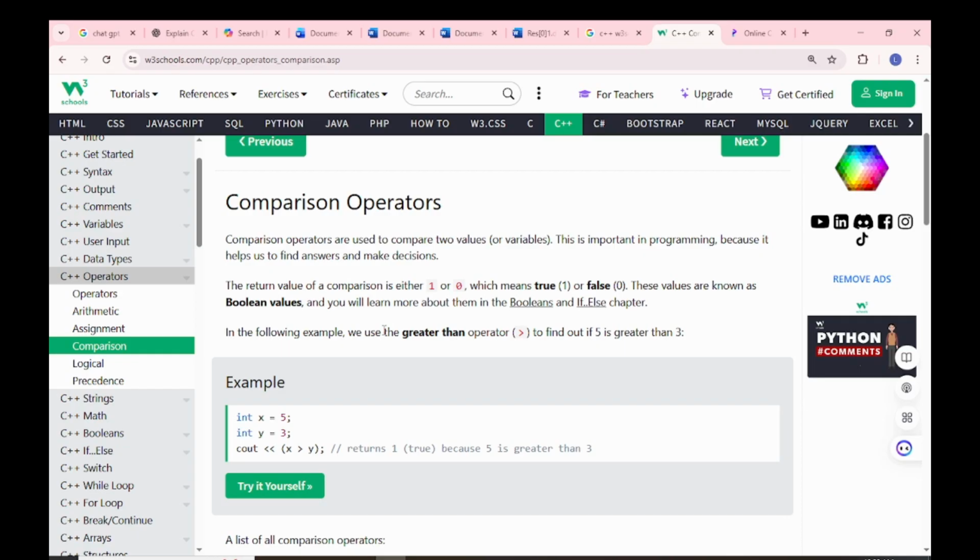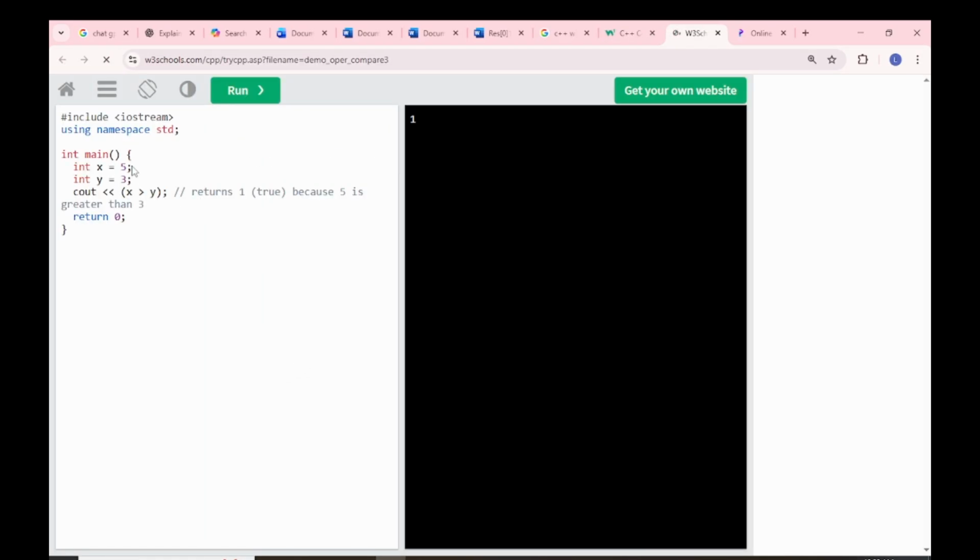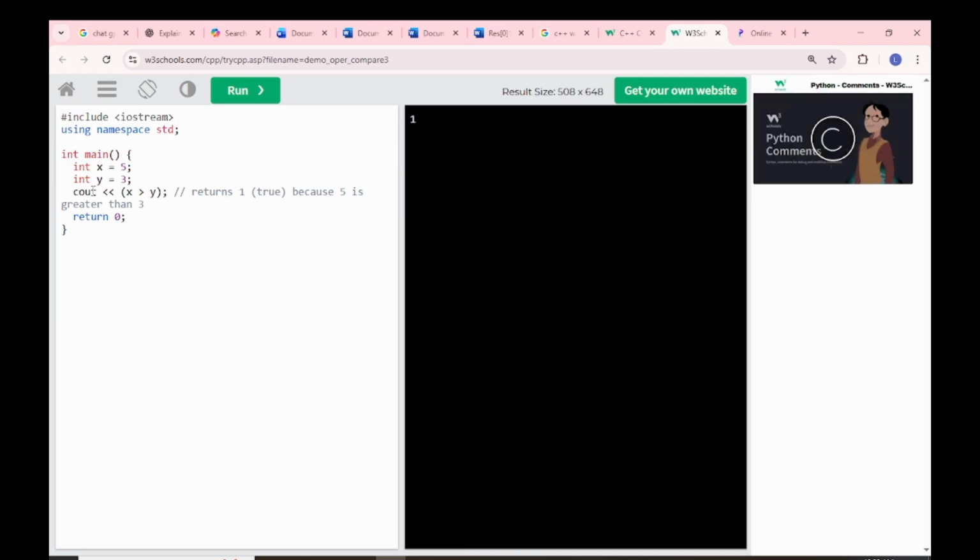Okay, in the following example, we use the greater than operator to find out if 5 is greater than 3, right? So let's see this one. x equals 5 is inside the x, 3 in y, and cout x, sorry, not plus, this is greater.